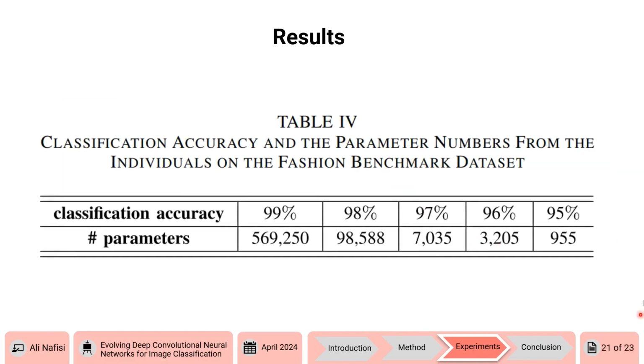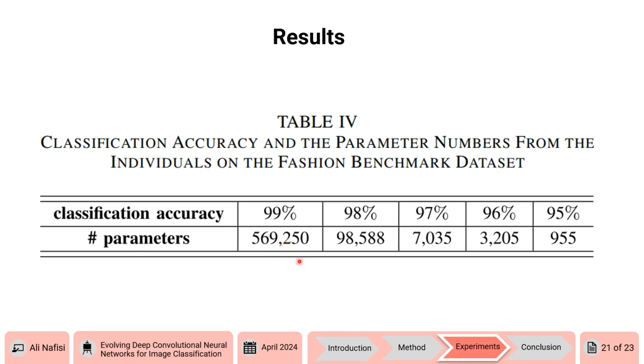Here we have another interesting table. You can see that in the final generation, we have a diverse generation. The problem was kind of multi-objective. One of the objectives was the classification accuracy. The second objective was the parameter number of each model. So you can see that here we have 99% accuracy, but the parameter number is too high, more than half a million parameters.